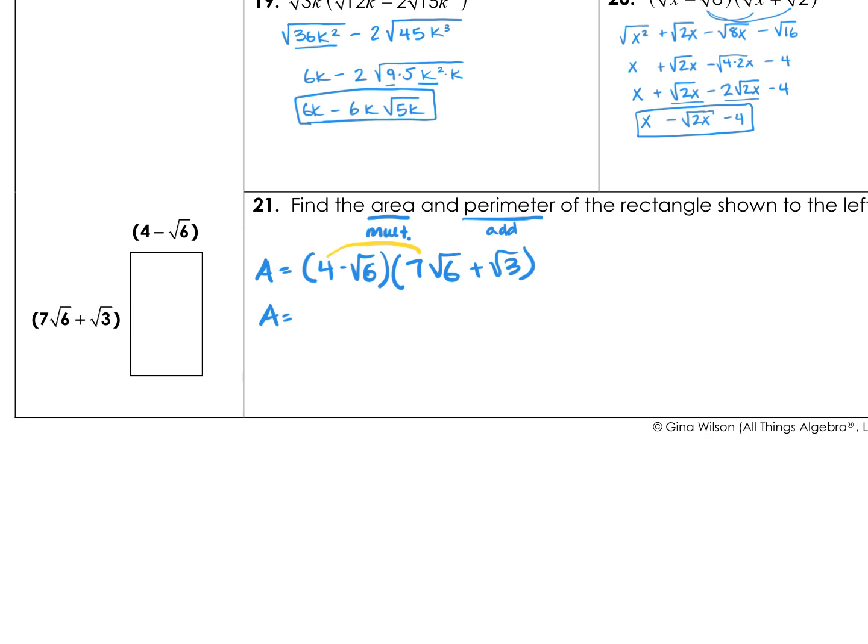So that is 28 root 6 plus 4 root 3 minus 7 root 36 minus the square root of 18. Simplify what you can.